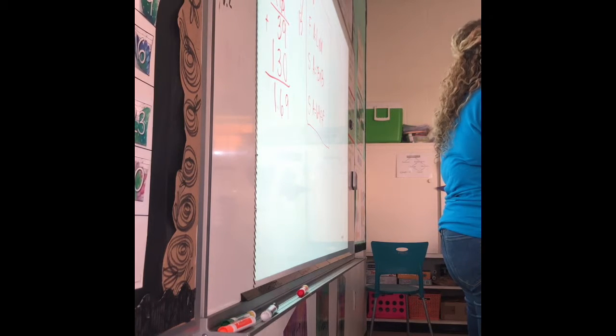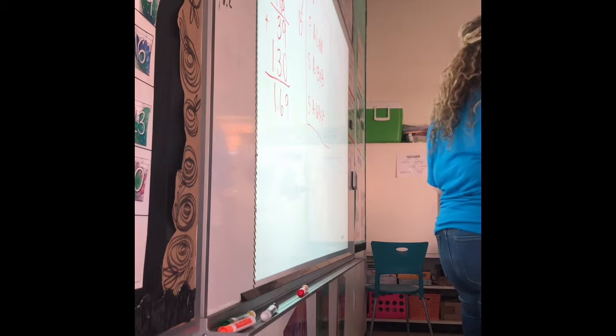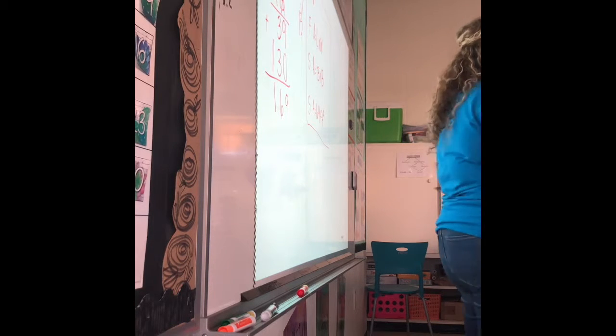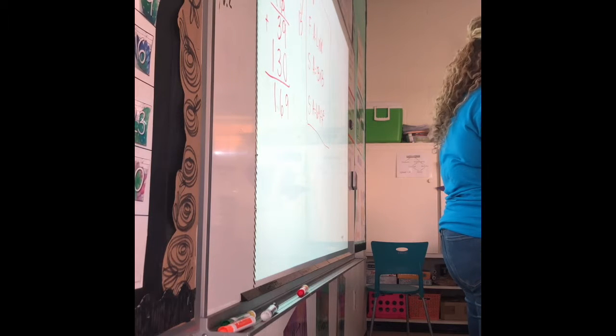Okay? What do we know about squares? Adrian. They have all equal sides. All 4 sides are equal. Dylan, what do we know about rectangles? Two sets of equal sides. Okay, so we know that the opposites in rectangles are equal.